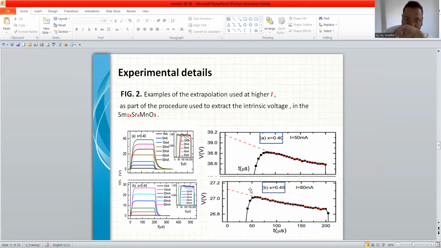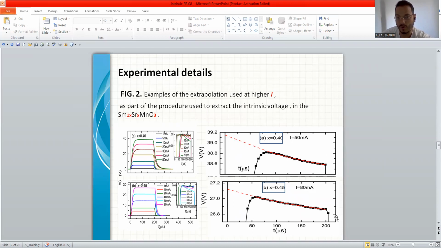Okay, but here there is some difference in the behavior. It's not flat like that. The start point is different and it didn't reach these values, less than 40, less than 30. Here the situation is different.